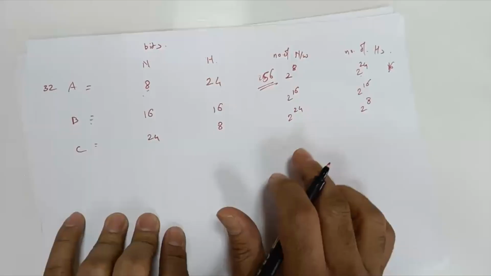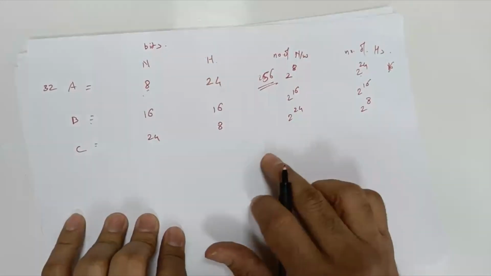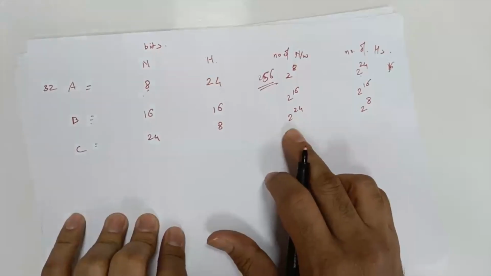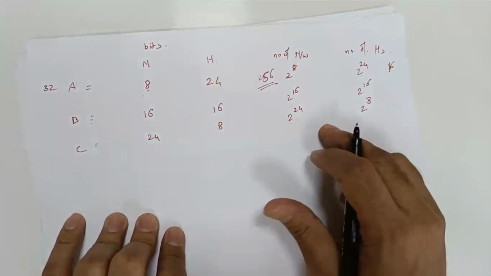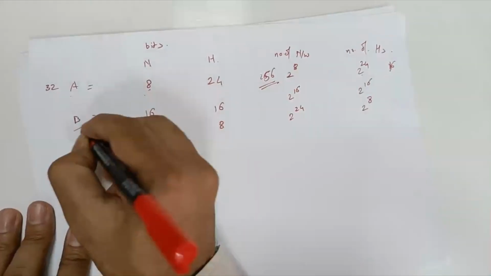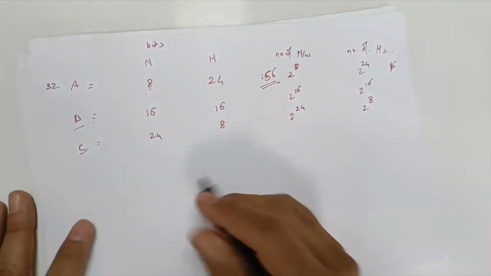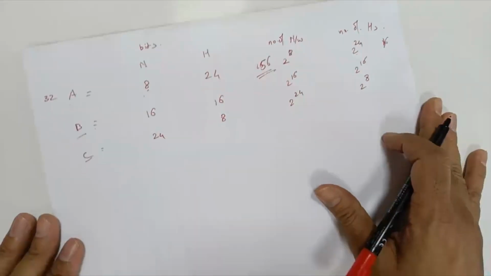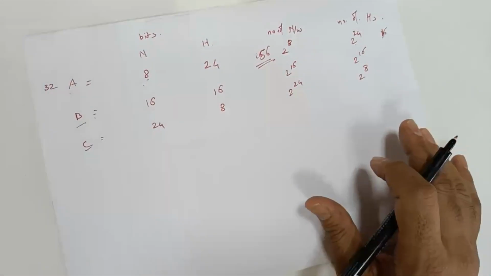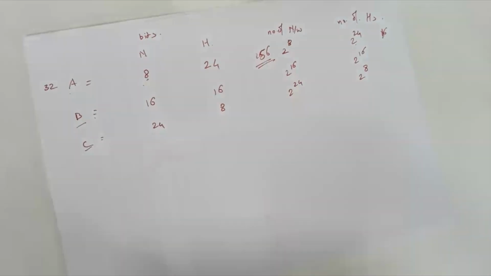Now it depends on which IP addressing you will use. Okay, whether you will use class A, class B, or class C. Let's say you have an organization with multiple departments.